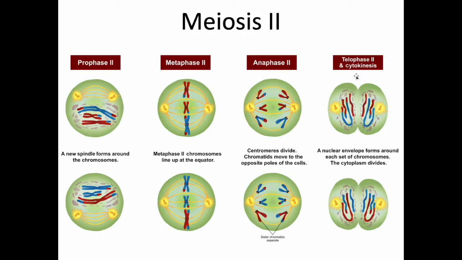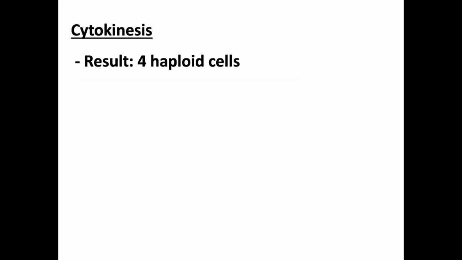Exact same descriptions I gave in the last chapter. So by the time we finish with this second cytokinesis happening right after telophase II, we are finally left with 4 haploid cells, truly haploid, not haploid with replicated DNA.